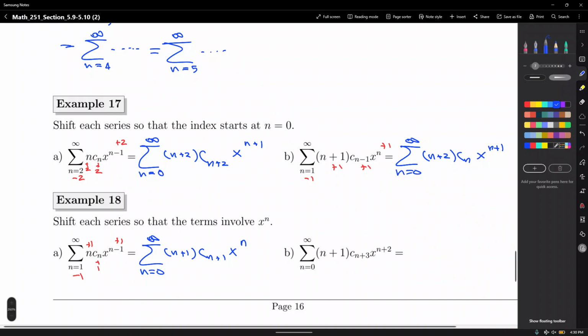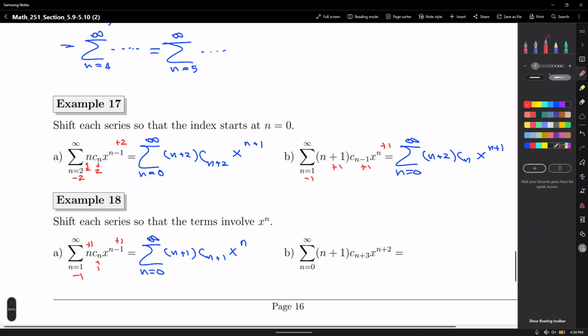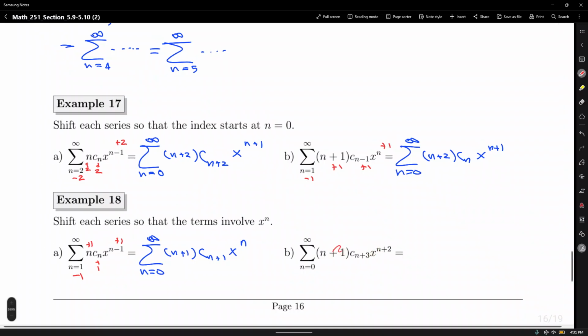For the next one, we have an n plus 2 in the power of x, don't we? Okay, so here we go. How do we make it look like just n? If we're going to subtract 2 to the power n, subtract in the coefficient and in the subscript as well. So minus 2, minus 2, minus 2. What do we do in the starting index? Add 2, right?